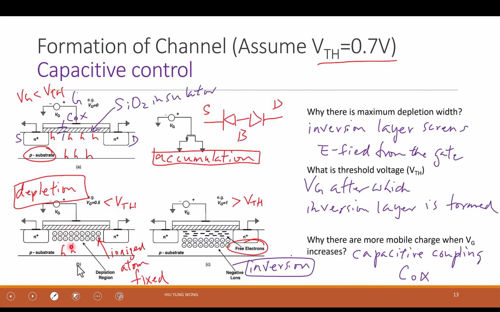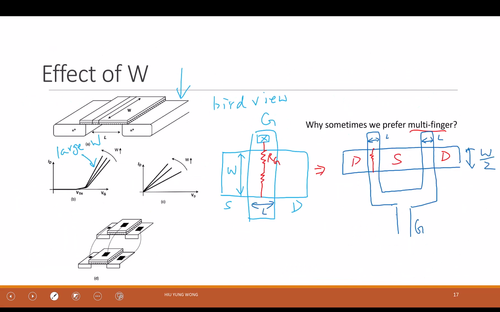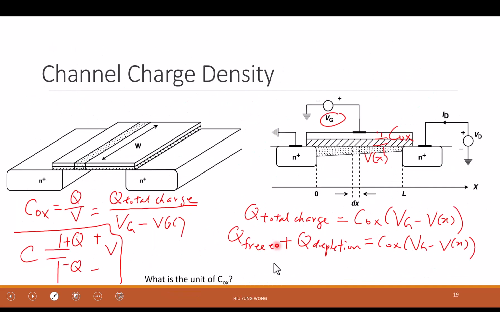I have been creating negative fixed charge before I create the mobile electron, right? So when I have mobile electron, I also have this fixed charge. This capacitor is sustaining both charges through this equation, okay? But the depletion charge is not contributing to any current flow, right? So it should not enter into my current equation, right?